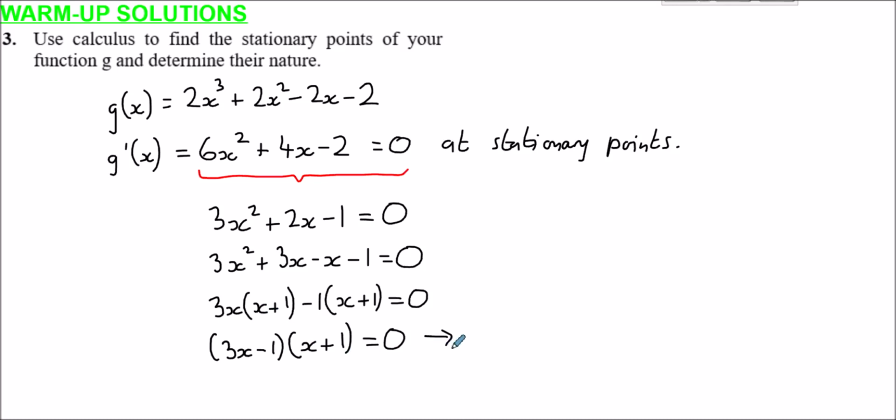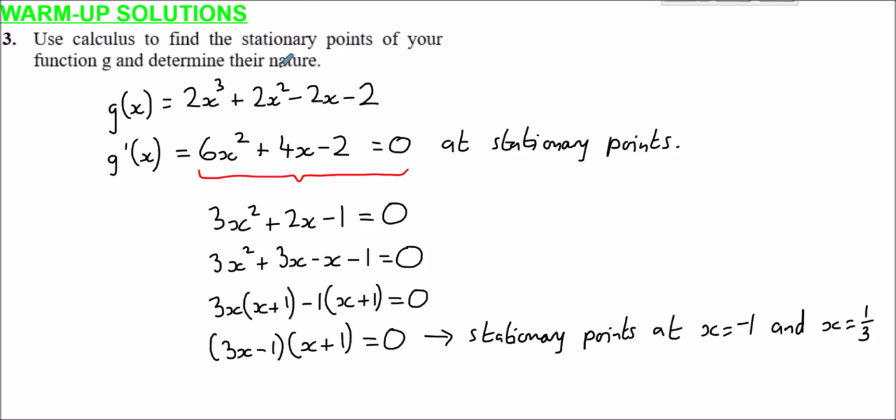That shows us that the stationary points must be where x is a third and when x is minus 1. So the stationary points are at x is minus 1 and where x equals 1/3.